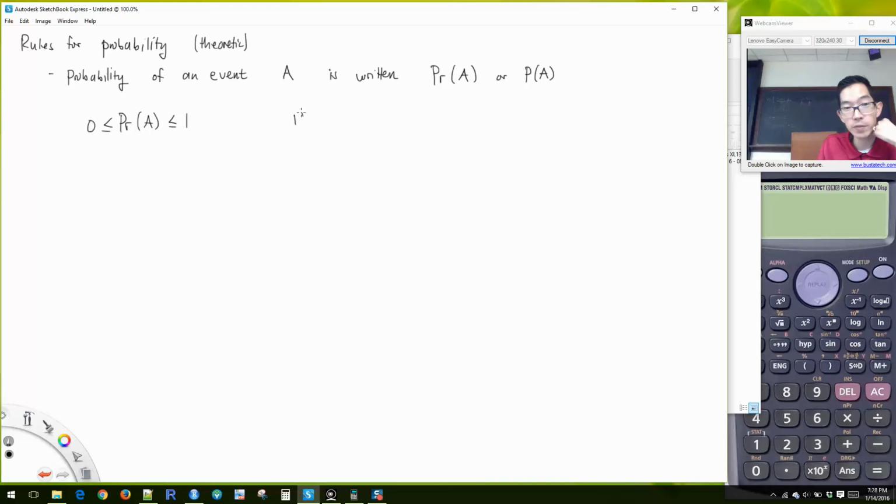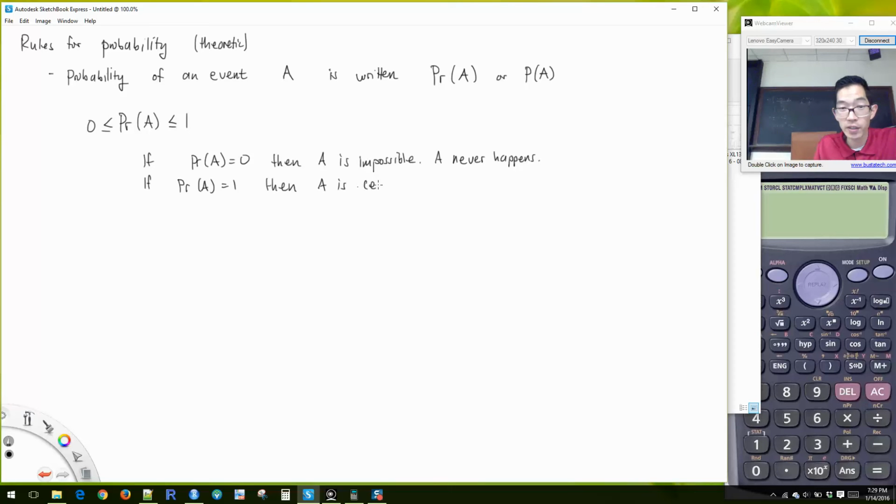So if the probability of A equals 0, then A is impossible, or A never happens. If the probability of A equals 1, then A is certain, or A always happens.